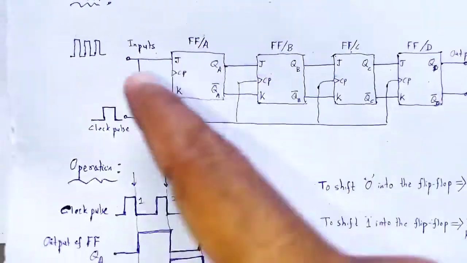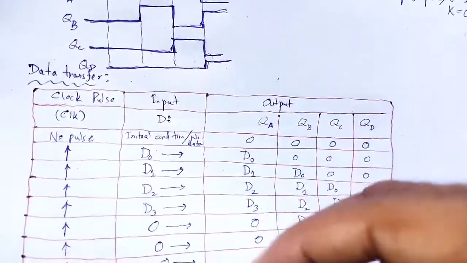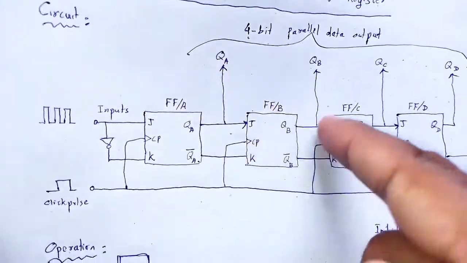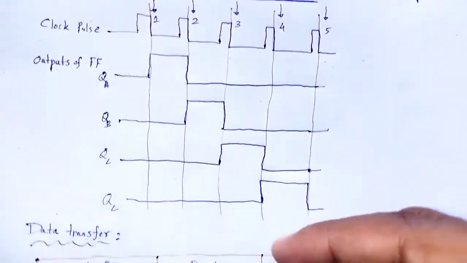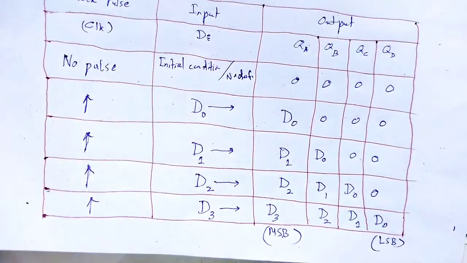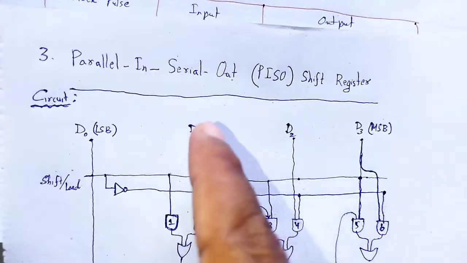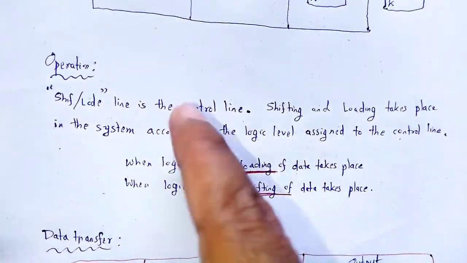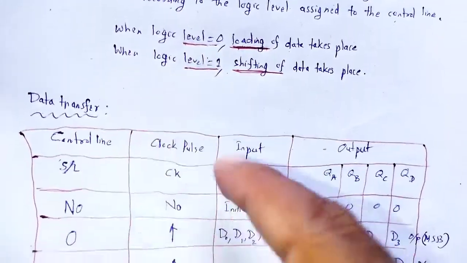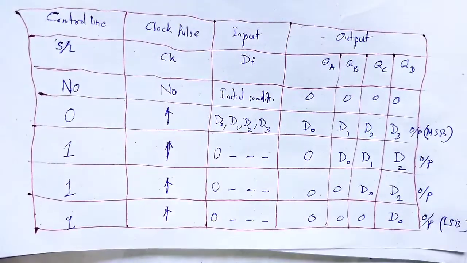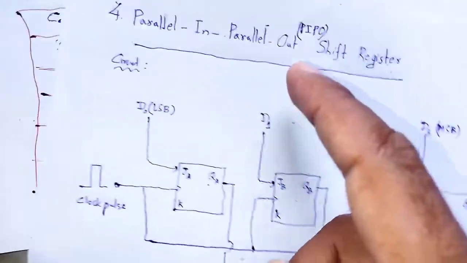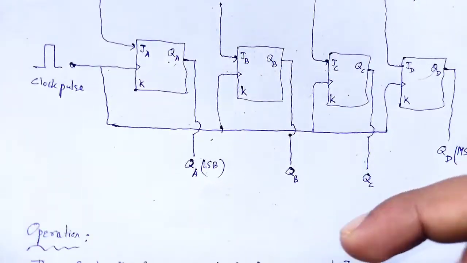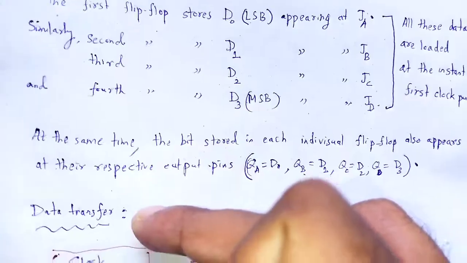First, serial in, serial out: its circuit, operation and data transfer. Next, serial in, parallel out. Next, parallel in, serial out: its circuit, operation based upon the control line, and data transfer. Finally, parallel in, parallel out, one of the simplest circuits of shift register: its circuit, operation and data transfer.